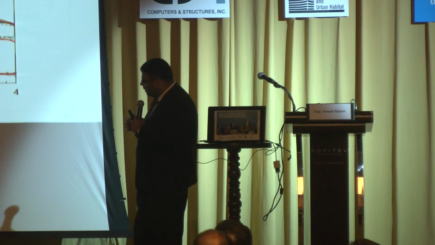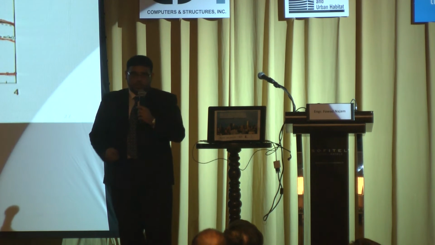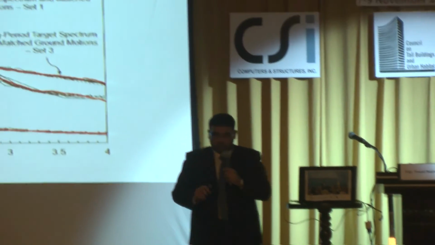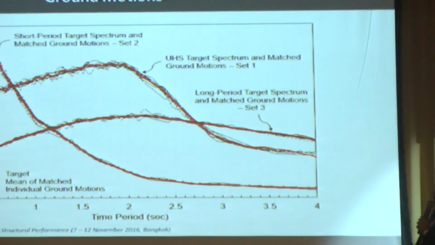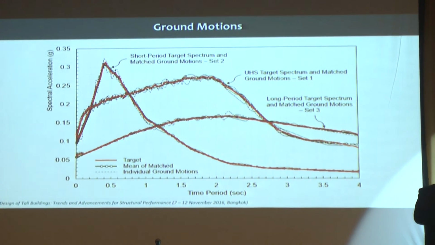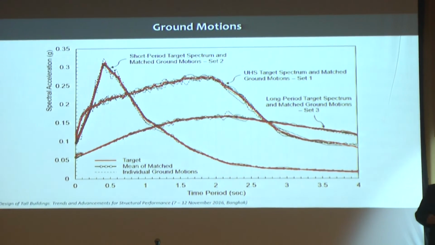Okay, I will quickly tell you the analysis results we got. We tested this idea for these 3 case study buildings and for these 3 sets of ground motions. We wanted to check the idea for different types of ground motions.